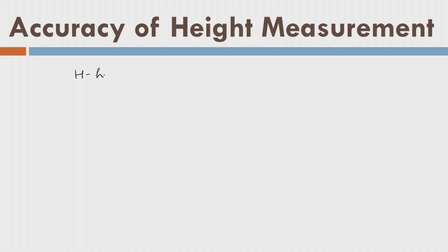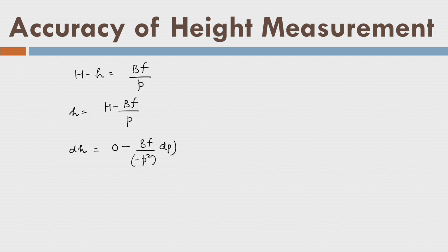Now what about the accuracy of your height measurement? Let us look into this. It was like this kind of term we derived: h is equal to H minus Bf upon P. From here I can write dh equals, differentiating it, 0 minus B into f upon P square, and I can say here minus into dP, right.